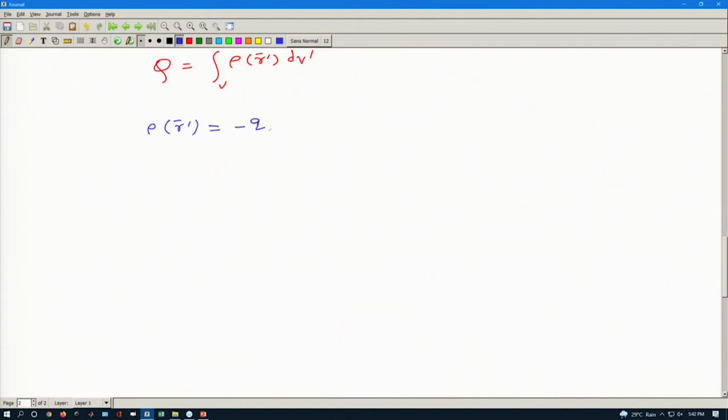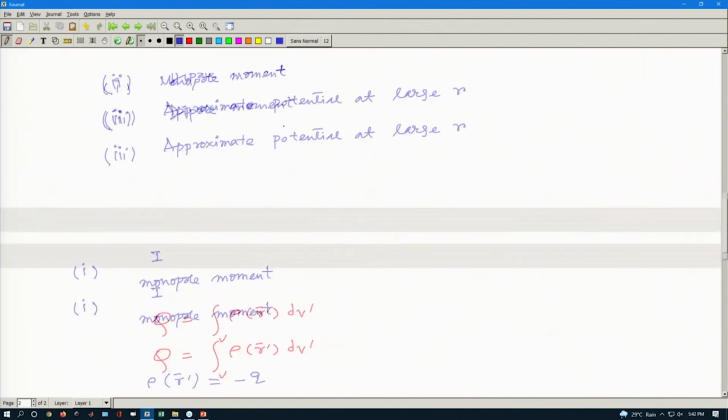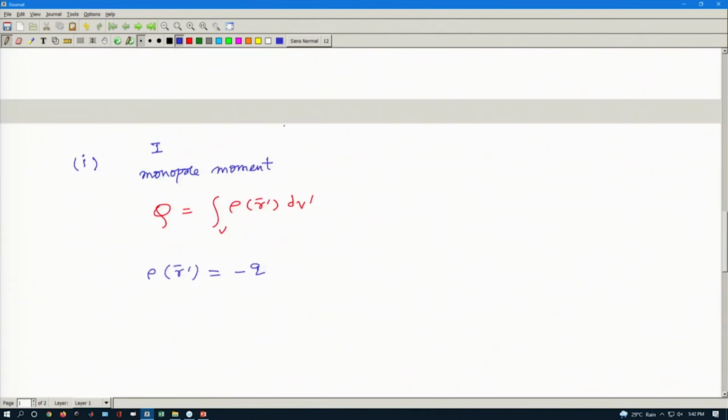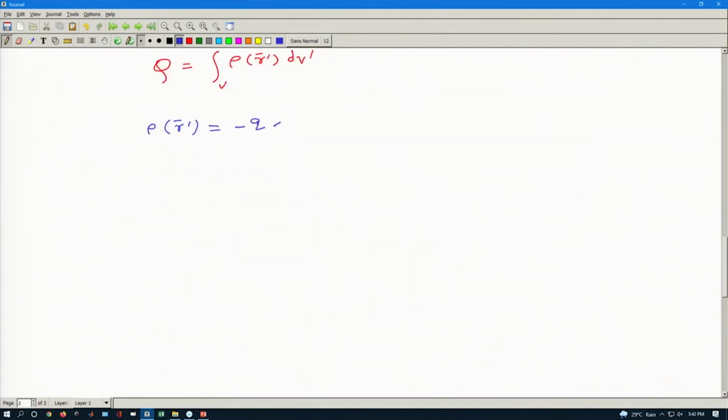Minus q charge is sitting at the origin, so minus q delta of r prime will be the first term, and another term is plus 3q sitting on the z axis at the distance a.